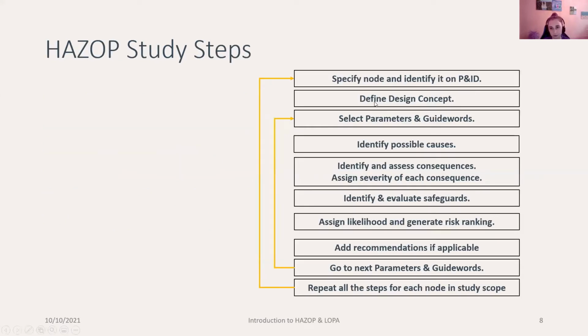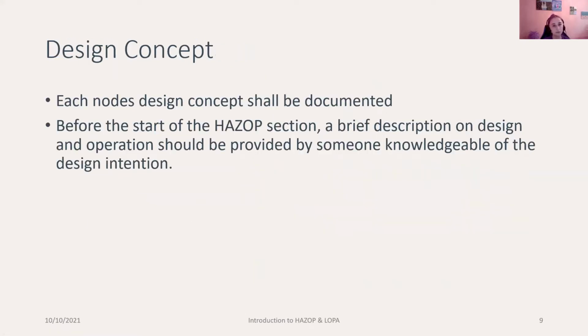Okay, we're moving to define design concept. Why is it important? Before the study itself, everyone in the room who will join the session and be involved in the HAZOP process needs to understand the parameters of this node, the parameters of the design. Most of all, this is the design temperature, design pressure, operating temperature, operating pressure, etc. The limits of the design shall be described.